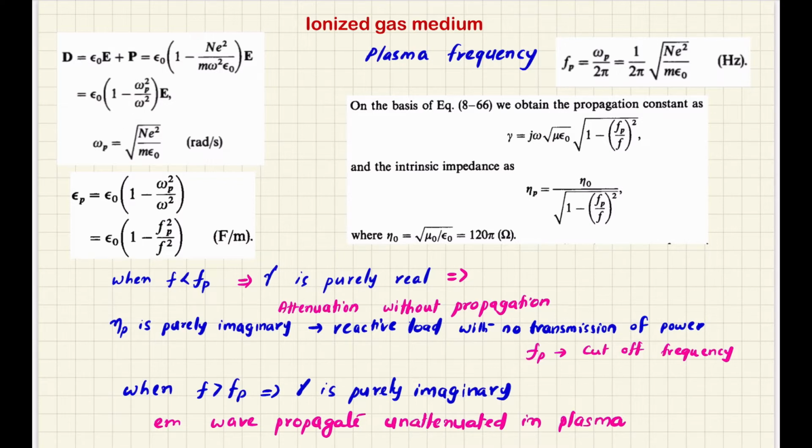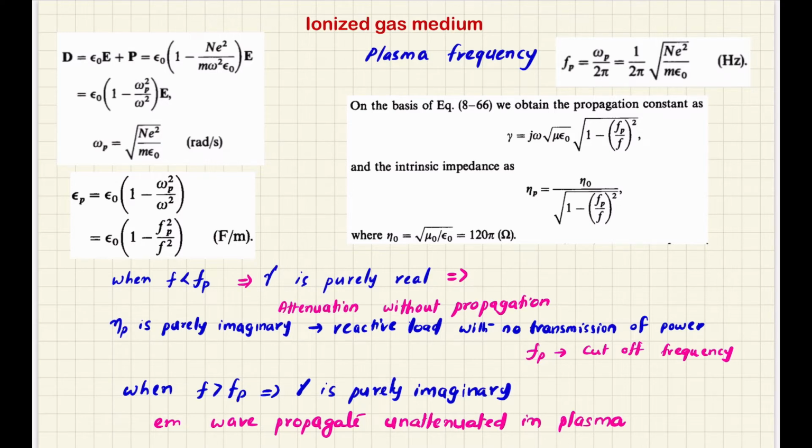Okay, now in this type of medium, the propagation constant gamma, you can write as j omega root of mu epsilon. Instead of epsilon, we substitute this expression and simplify it like this.